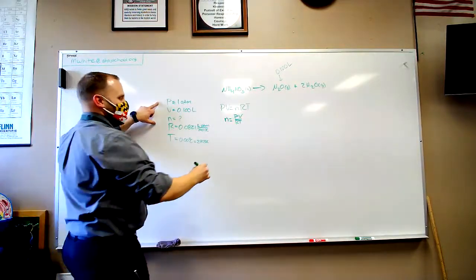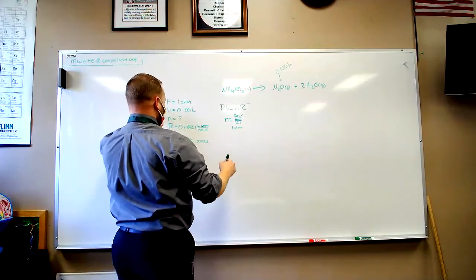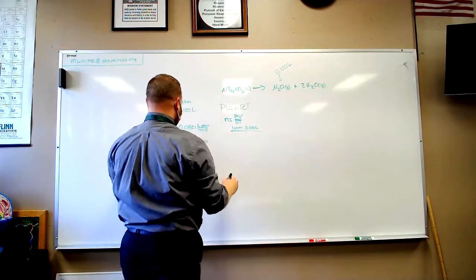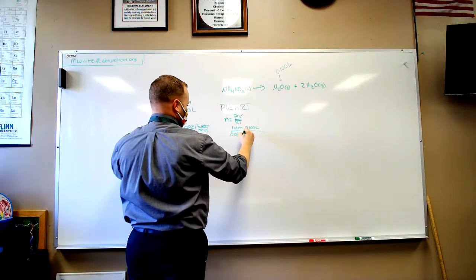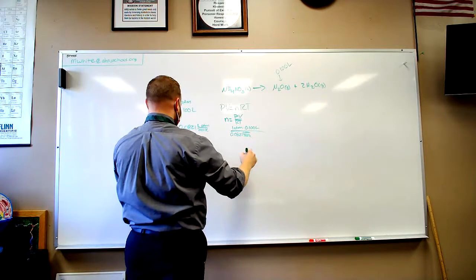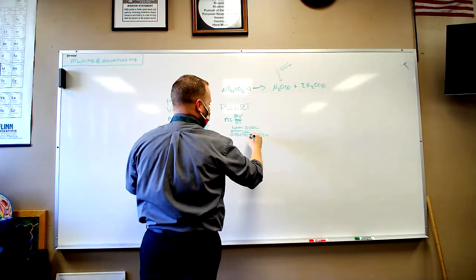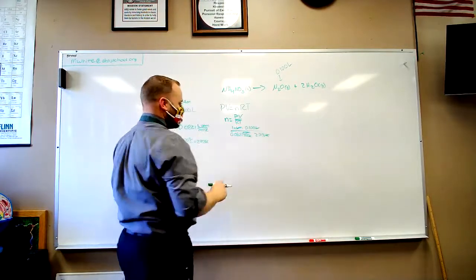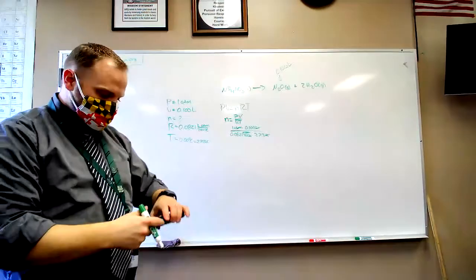So if we rearrange to solve for N, then we can say, okay, we've got 1 atmosphere times 0.100 liters divided by R times T. So we can go to our calculator, we can put that in.